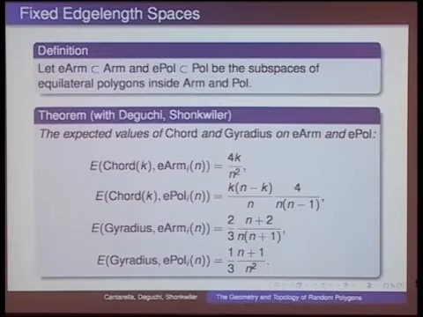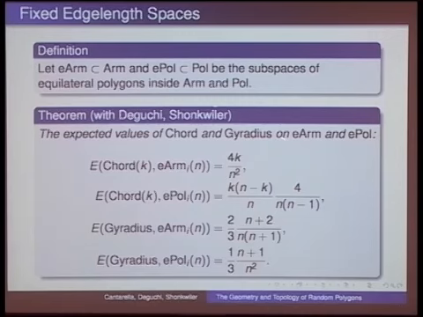And then, in fact, the equilateral polygons are also rearrangement invariant, right? Unlike any other fixed edge length space, where rearranging things won't keep you in the same edge length space. So if I average over those spaces, I get these results. Again, gyradius halves when you close the polygon, right?